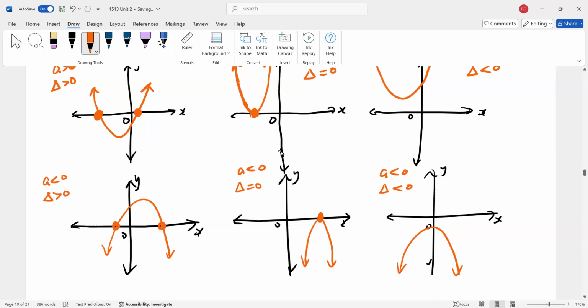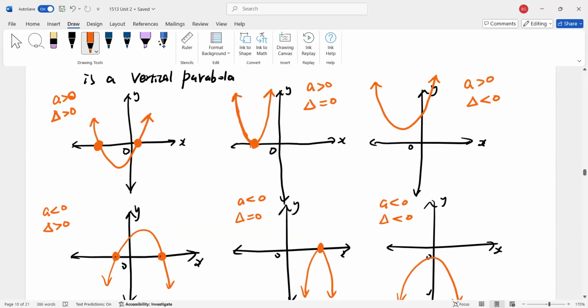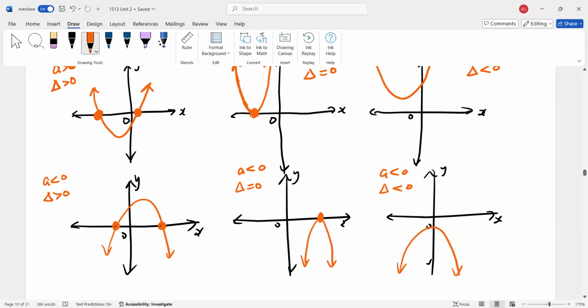If delta equals 0, then the equation has two identical real solutions. If delta is less than 0, then the equation has no real solutions, but it will have two non-real complex solutions. And those two non-real complex solutions must be conjugates of each other.